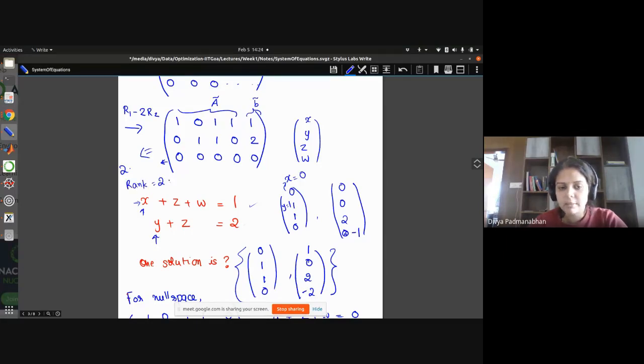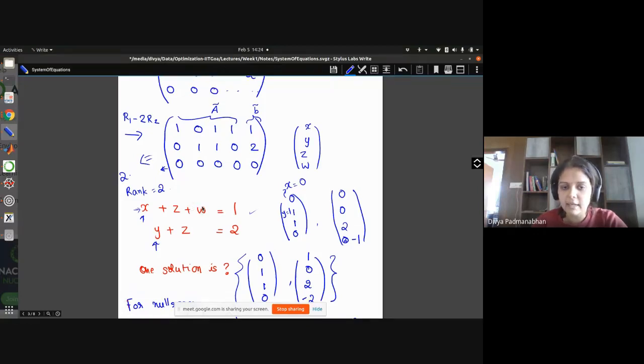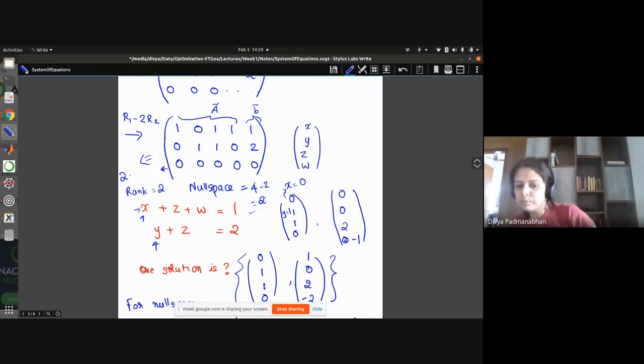Remember we spoke of the rank-nullity theorem. It said that the rank and the null space dimension have to sum up to the number of columns. Here the number of columns of A is 4, so the null space has dimension 4 minus 2, which is 2. It's not 2 vectors, its dimension is 2.